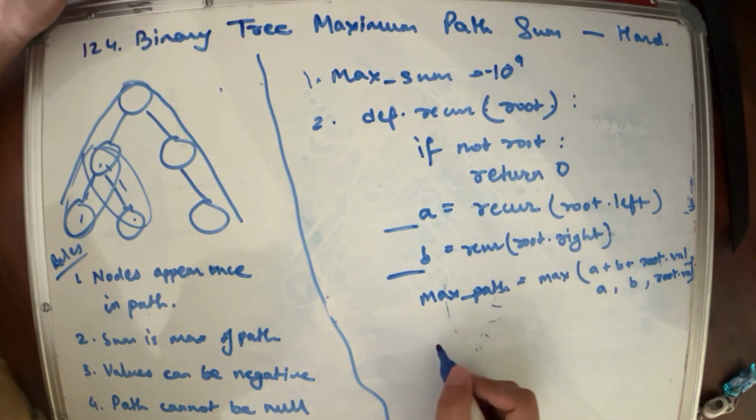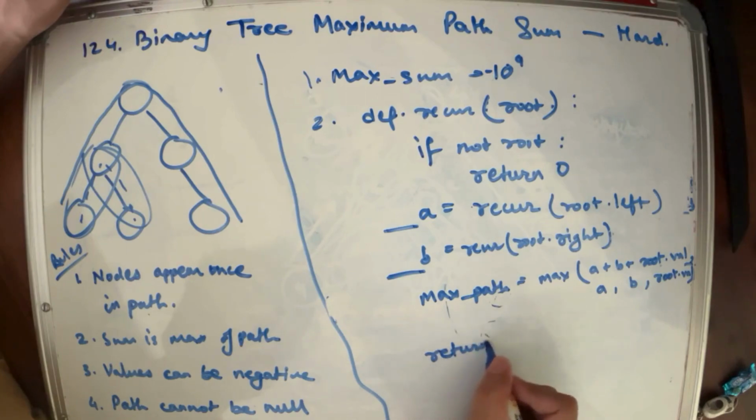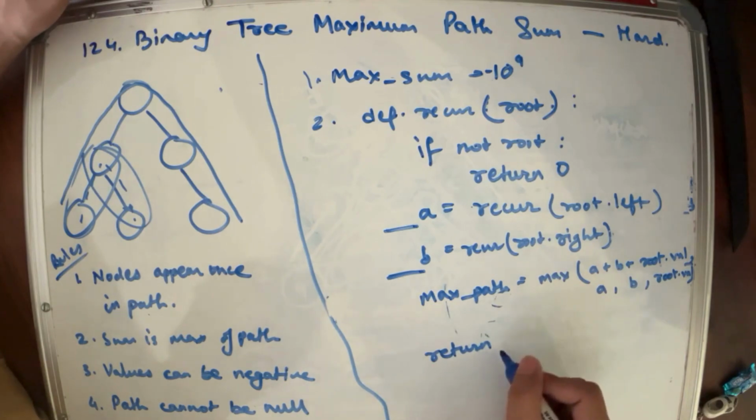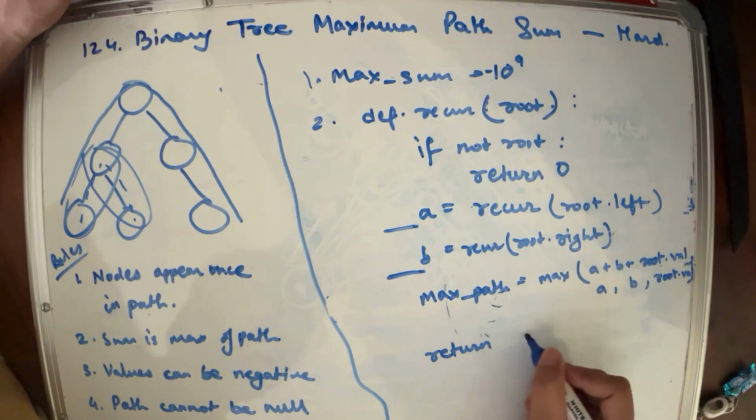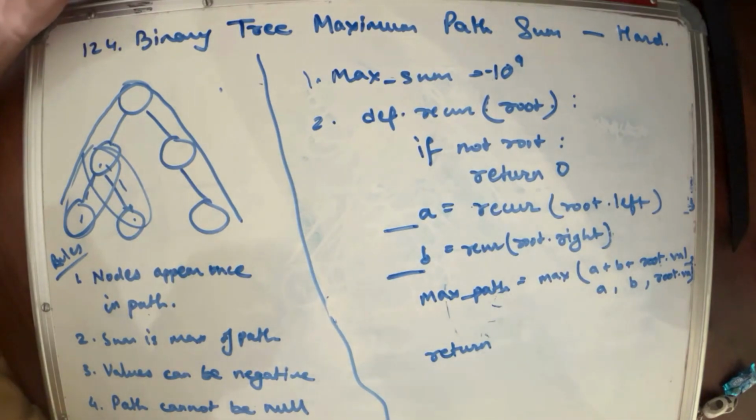Okay. Now we return. So let's say our answer we stored in this. But for every node from that recursion, we have to send what? The maximum, right? So let's say this is our path. This is our left, send something, right, send something.